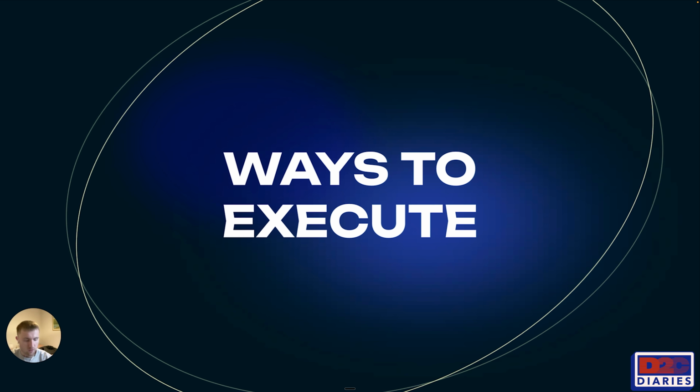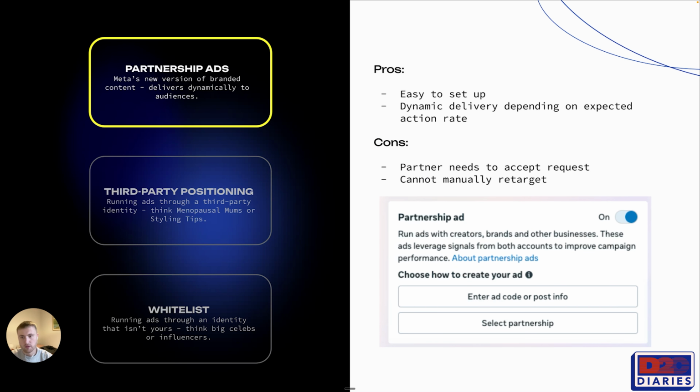So I wanted to touch on the key ways to execute. We've got three different types of third party or whitelisting ads in the Meta ecosystem today. First is partnership ads. This is Meta's new version of branded content and it delivers dynamically to audiences.